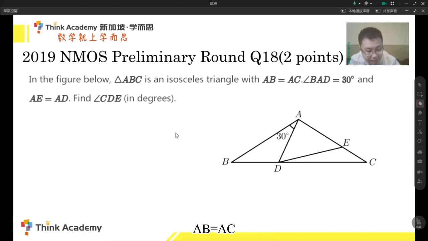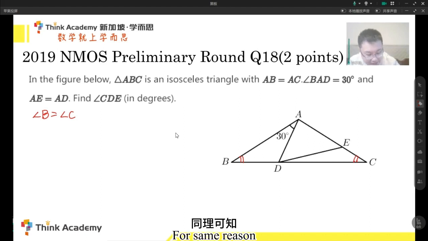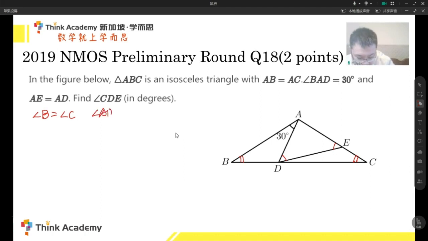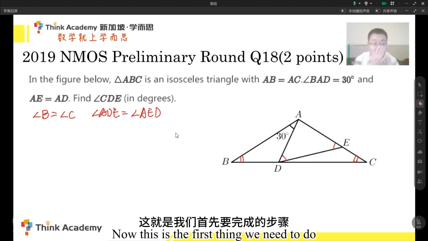For example, AB equals AC, so the angle B will be equal to angle C. For the same reason, AE equals AD, so the angle ADE will be equal to angle AED. This is the first thing we need to do.